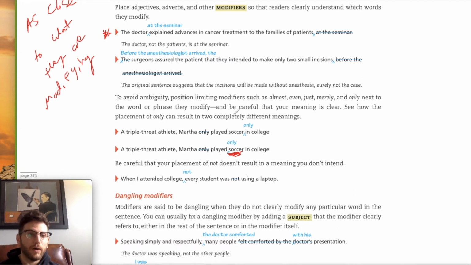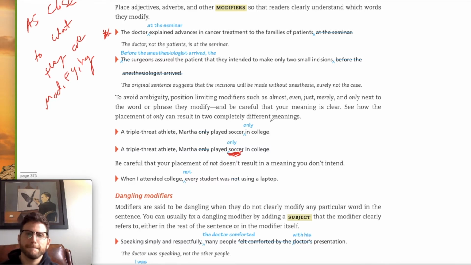Okay. Now, what happens if we put she played soccer only in college? How does that change it? How does the sentence change if we said Martha played soccer only in college versus Martha played only soccer in college?